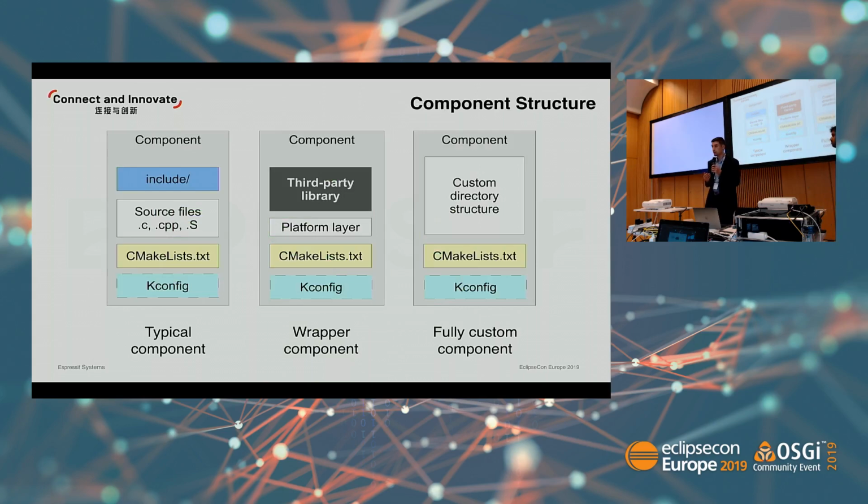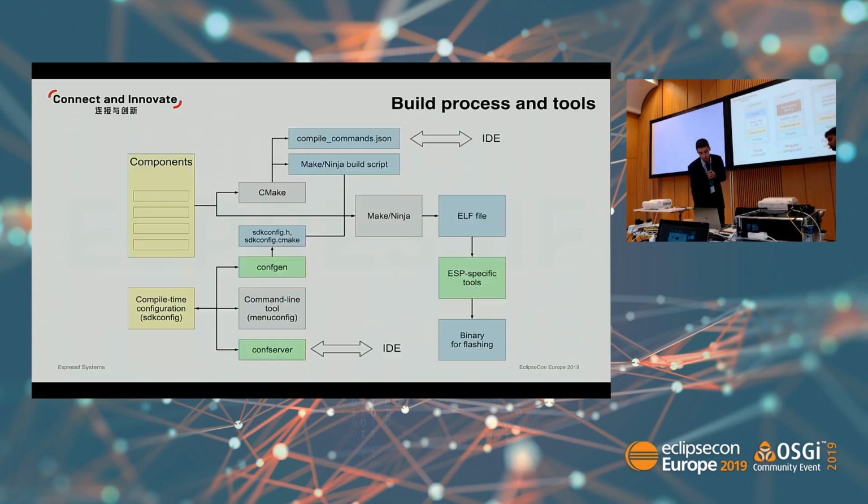They can be source files written by the component author, or this can be some third-party library which is wrapped into a component. It also includes the CMake list file and the Kconfig file, the same Kconfig you see in Linux. So we use the Kconfig system for configuration. And then the build process looks something like that.